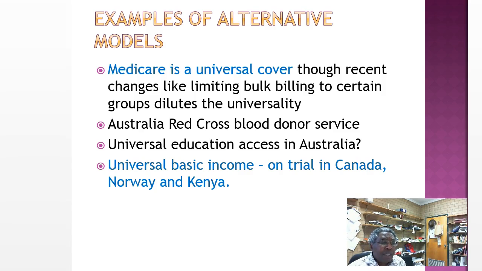Australian Red Cross, the blood donor service, where people who have got some blood to spare can donate, and those who need blood can get it without having to pay a cent. And we take it for granted, but in some countries that's not the case. If you want blood, you have to pay.